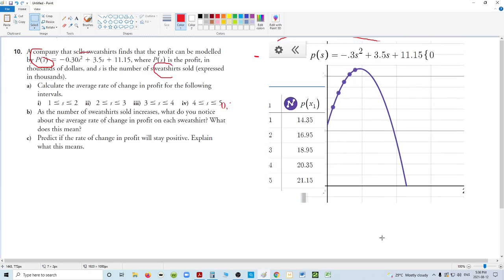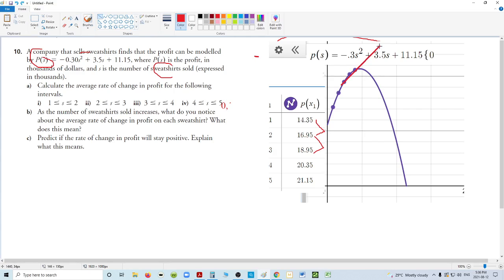So now we have a table right here where we can calculate our delta x over and over again. And notice our delta x is 1 each time. And all we have to do is figure out our delta y to get an idea of the slope between each of these points.